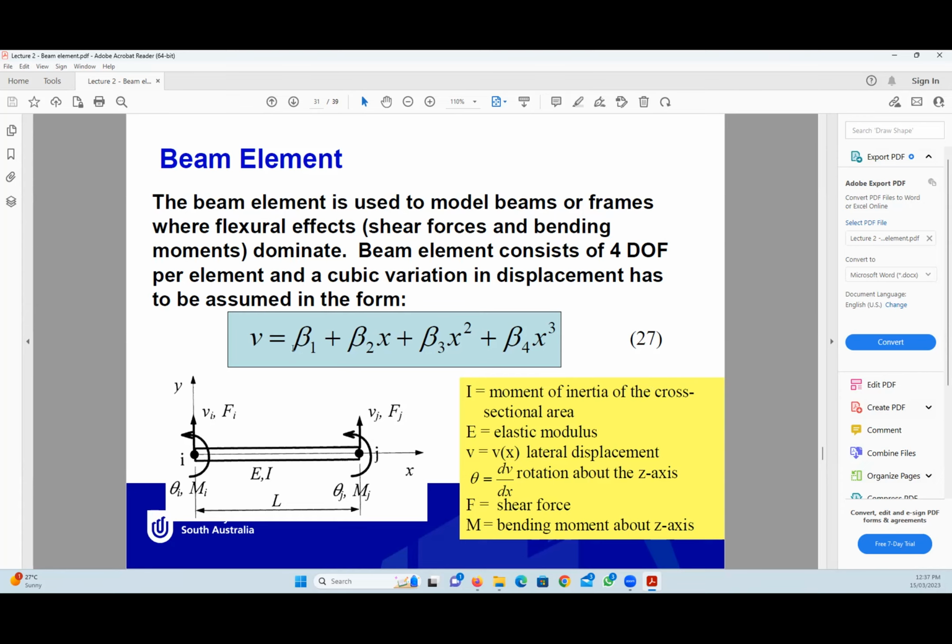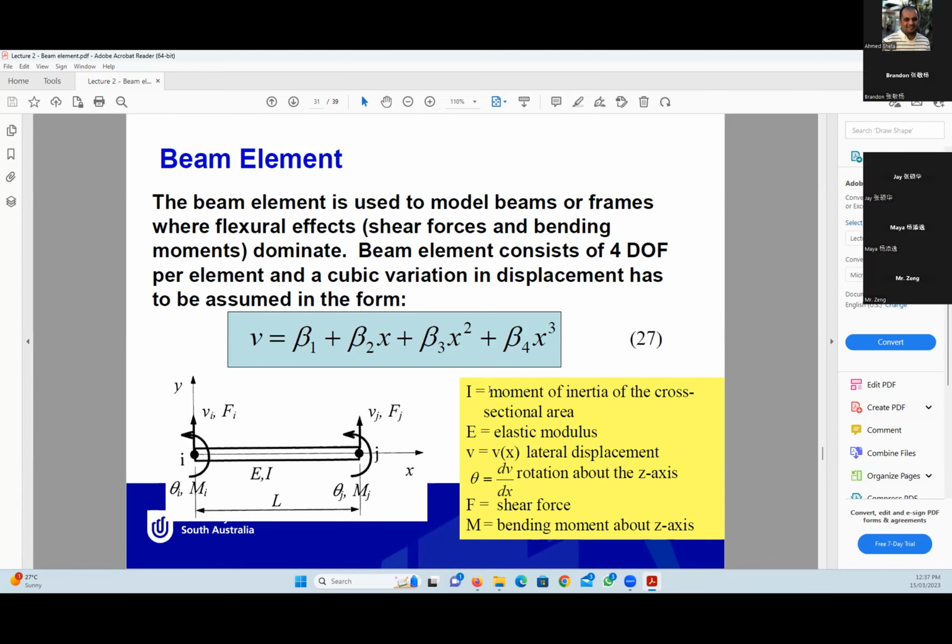So V, the shape function of a beam element, equals beta 1 plus beta 2 times x plus beta 3 times x squared plus beta 4 times x to the power 3, where I is the moment of inertia of a cross section, E is the elastic modulus, V or V of x is the lateral displacement, and theta is the rotation.